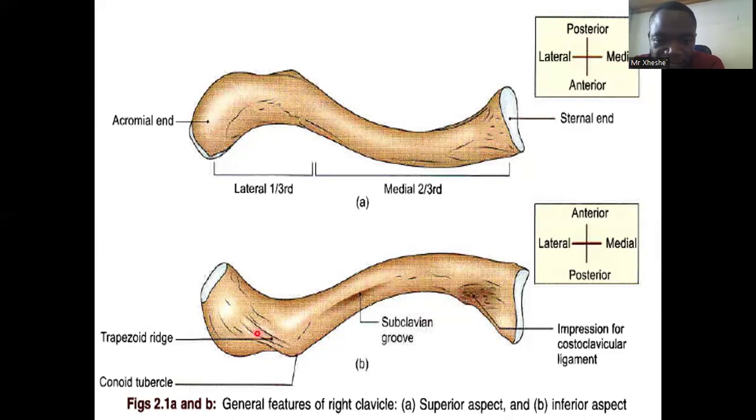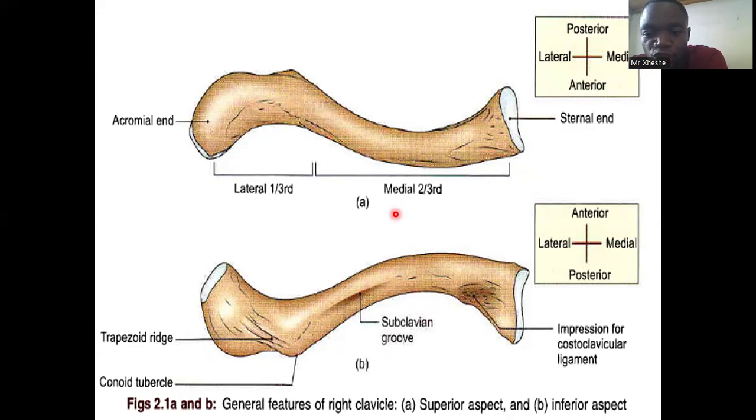Whereas if you examine the undersurface, you find a lot of ridges. For example, you find a groove. So this is a depression. Another depression here is found, and another ridge here. So groove, depression, ridge. These markings are not found on the superior surface. Superior surface is smooth.